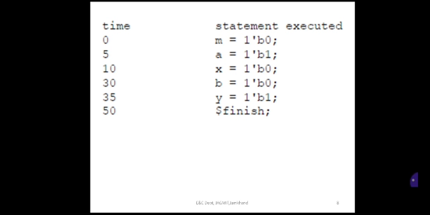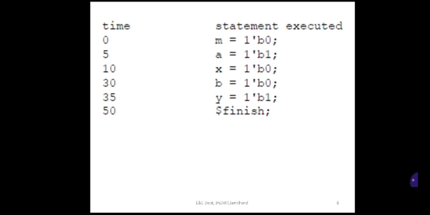Then b is equal to 1'b0 is executed. b is executed after 25 time units, but before that there is a statement executed after 5 time units. That's why b starts after completion of the a statement, and the time taken to complete the execution of b is 30 time units.